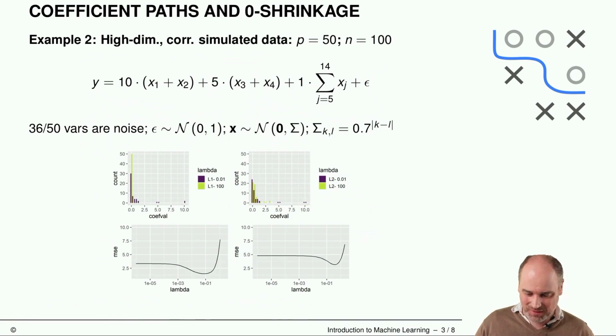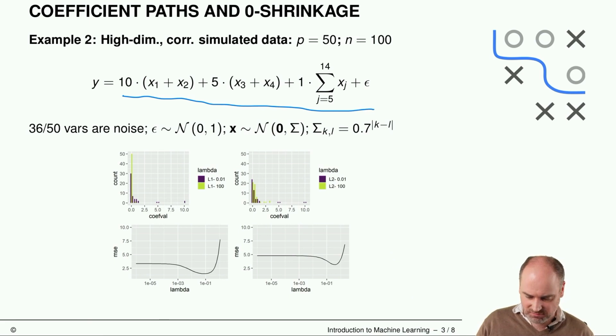Okay, because the mtcars data set is so low dimensional and we can't really see any overfitting, and the correlation structure is also really simple, we created an alternative higher dimensional data set. It's still quite simple, but has more correlation structure going on. So here's the model.